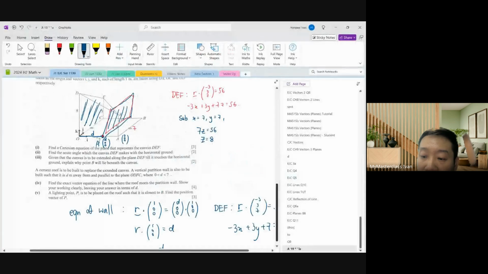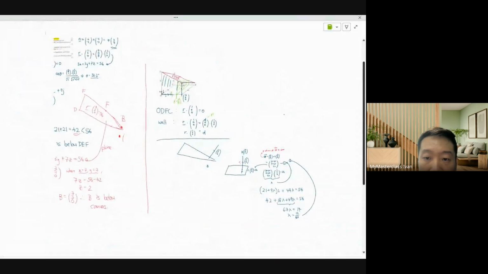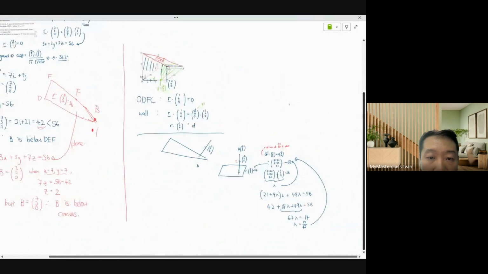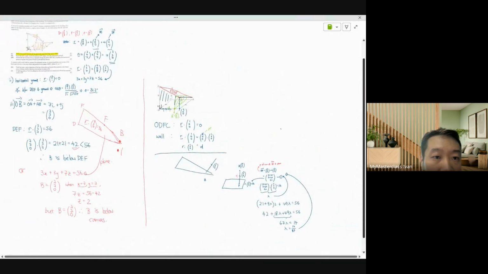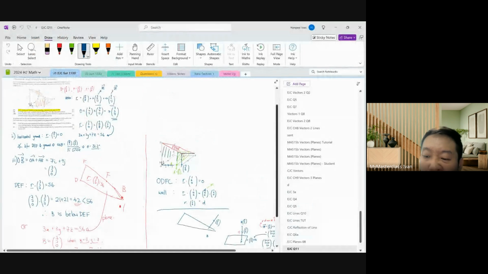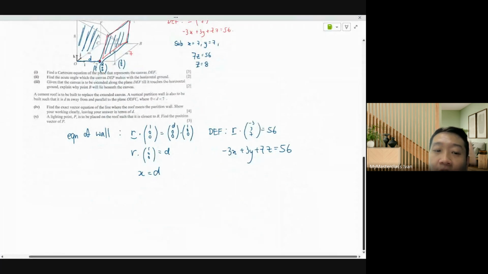A bit hard because, again, a wall is a plane, and the roof is a plane.